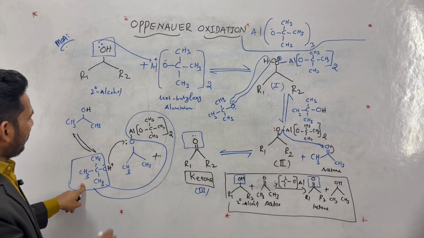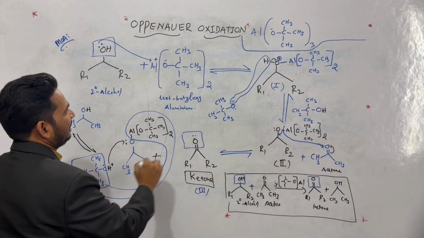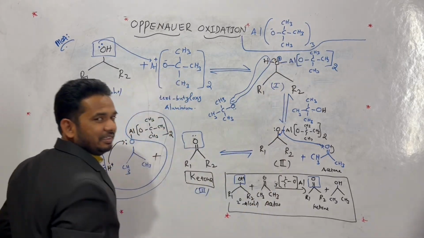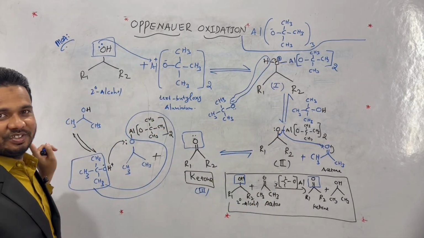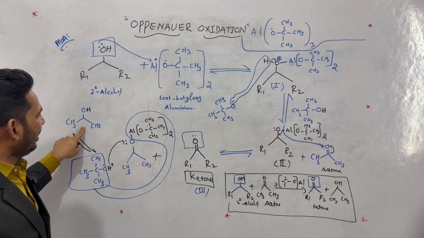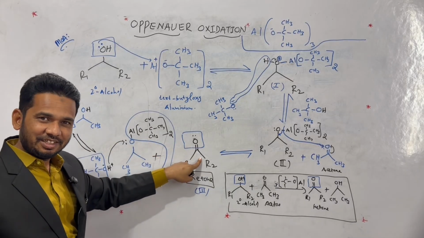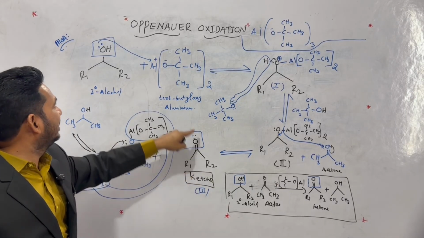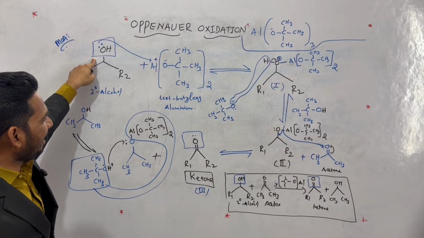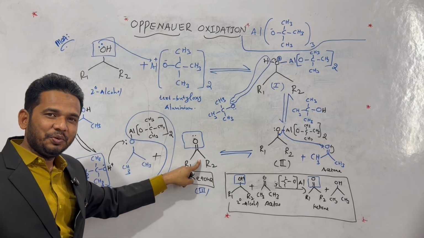Then total how many moles? 2 plus 1, 3 moles. See, 3 moles of tertiary butyl oxy going away after finishing the reaction. What reaction is finished? The secondary alcohol is converted to ketone.